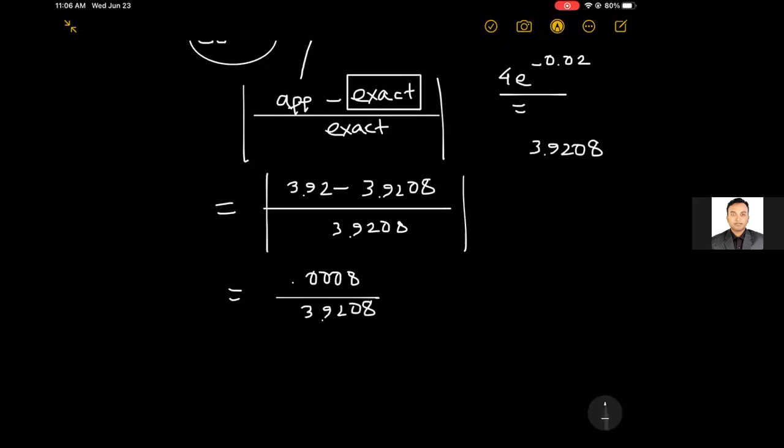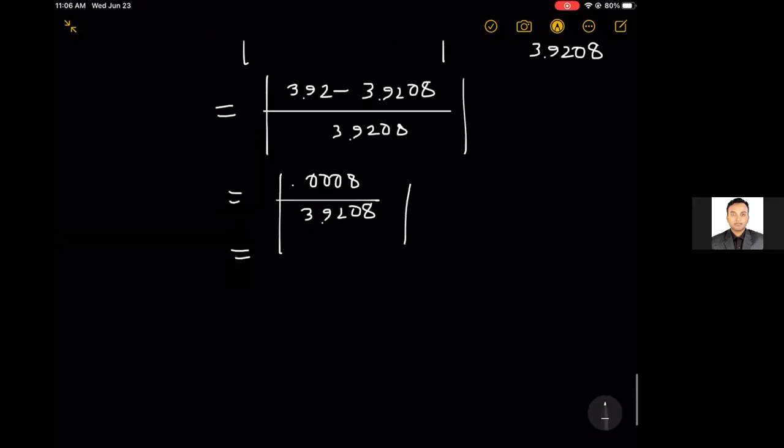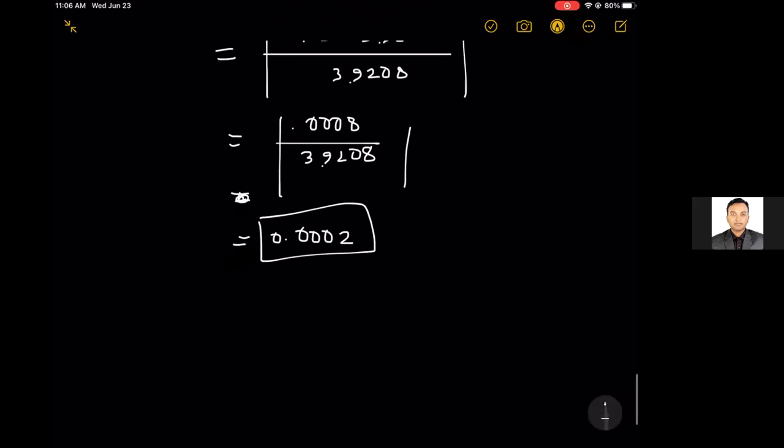If we divide this by 3.9208, it will give us 0.0002. So that's the error. So if we find the percentage, it would be 0.02%.